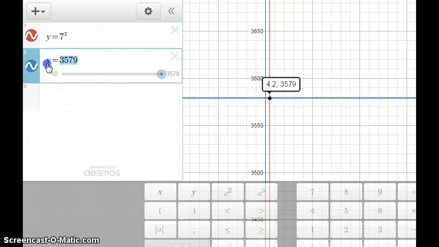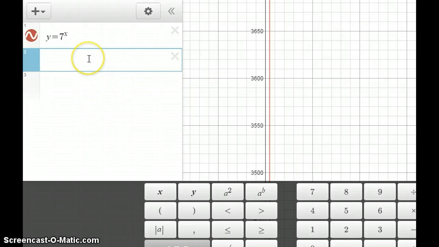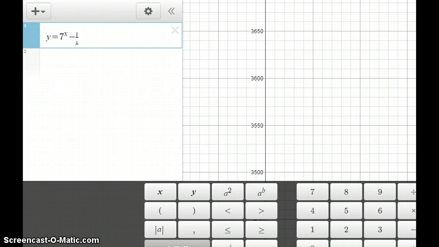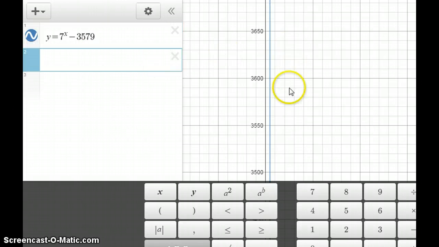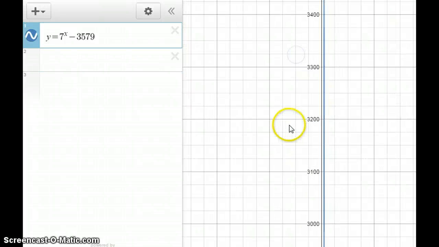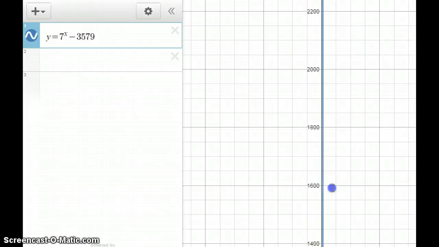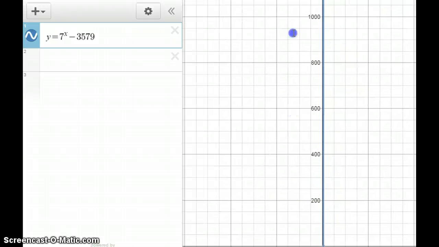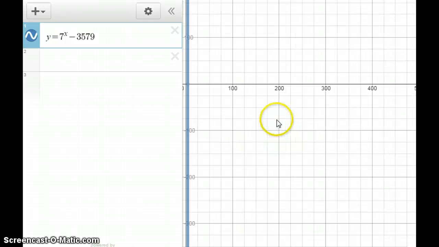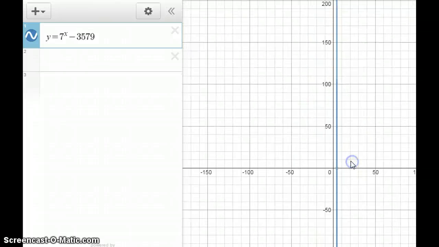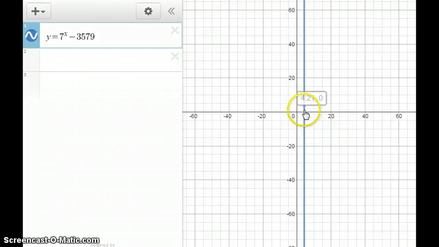The second way we could do this is if we used just one graph and moved everything to one side. So we'd have y is equal to 7 to the power of x minus 3,579. Then we're looking at where that graph touches 0, or hits the x-axis. I have to scroll all the way down there. Let's zoom in there. You will probably have to adjust your windows again.